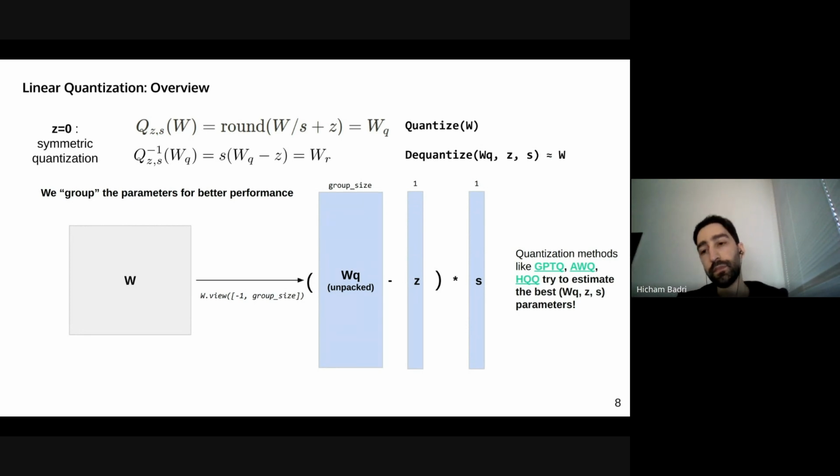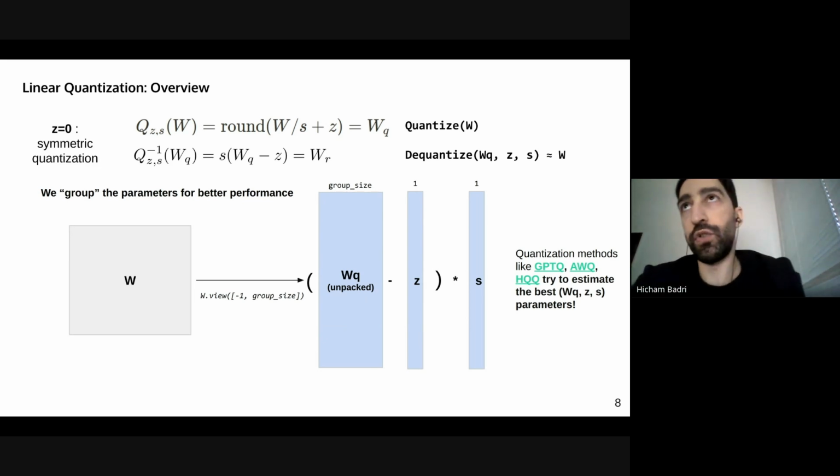Methods like GPTQ, AWQ, HQQ basically work the same way. The only difference is that they have different ways of estimating the zero point and scaling factor. That's pretty much it. The formula to dequantize the weights is basically the same.